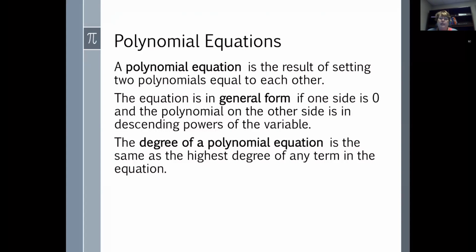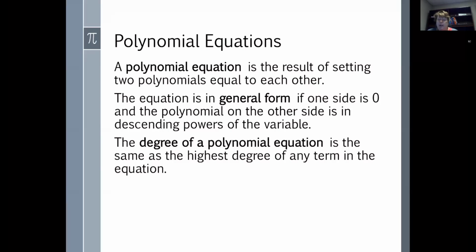If you put the polynomial equation in general form, that means you get all the algebraic expressions on one side and 0 on the other. Once we have it in general form, we can factor it, and we're going to factor it by grouping.